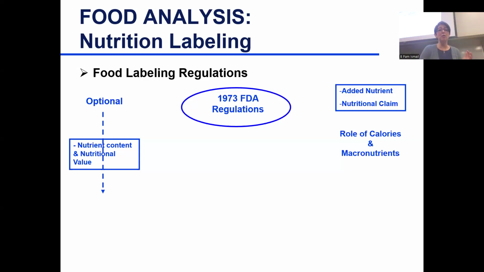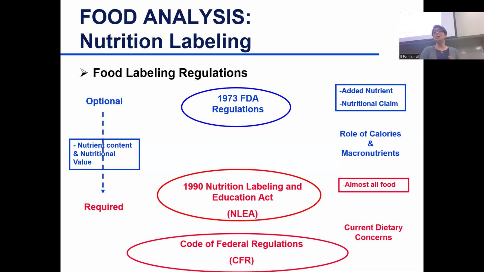Later on, there was interest in sodium intake, vitamin intake. So that expanded into a new law that requires nutrition labeling on most foods. So there are foods that are exempt.